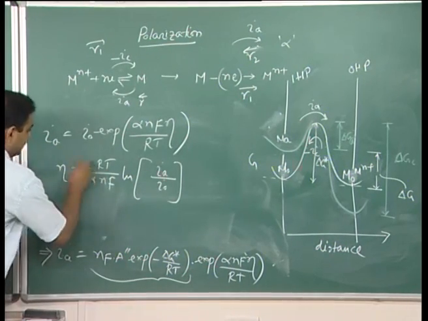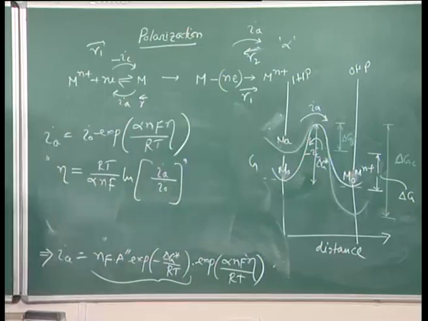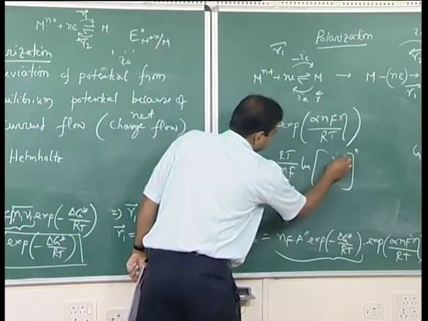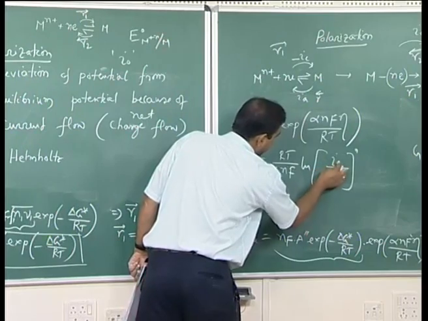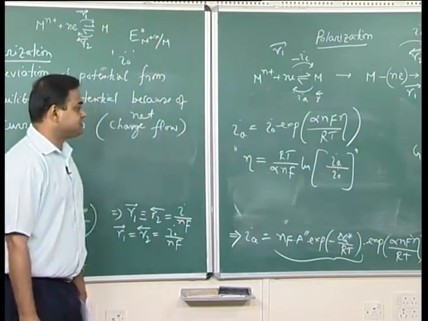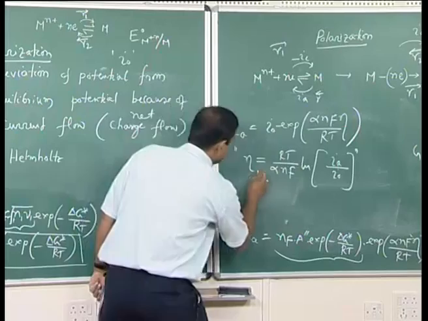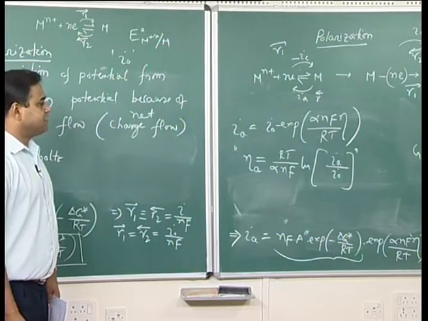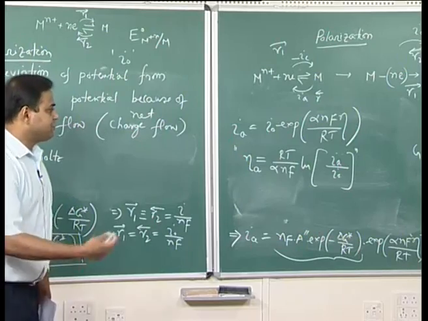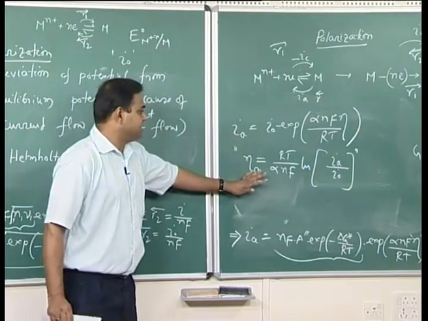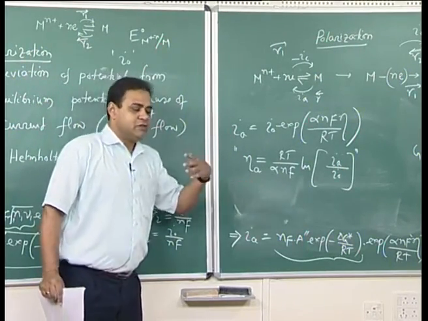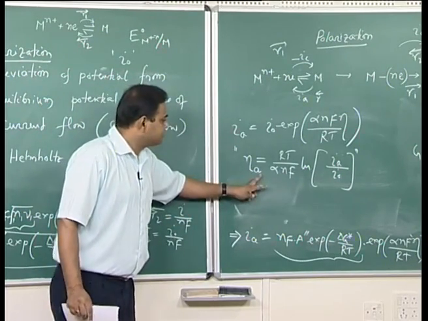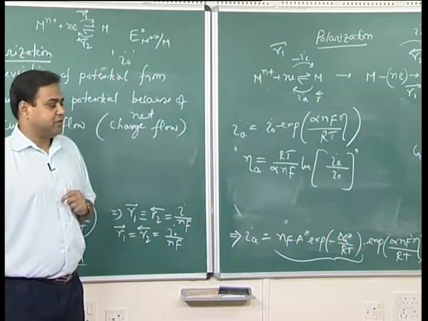So, if this is my expression, now since I have I A here, which is the anodic process, I can easily term it as eta A, which is nothing but the anodic polarization. Now, the confusion starts. Initially we started with total polarization, eta considered to be total polarization. Now, I am considering it as anodic polarization.